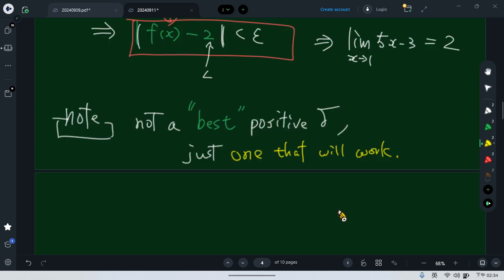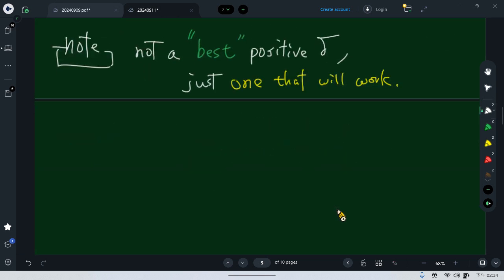Okay. So then in our textbook, we also try to teach you how to find a delta. Again, let me just emphasize, suppose a delta should be related to epsilon.